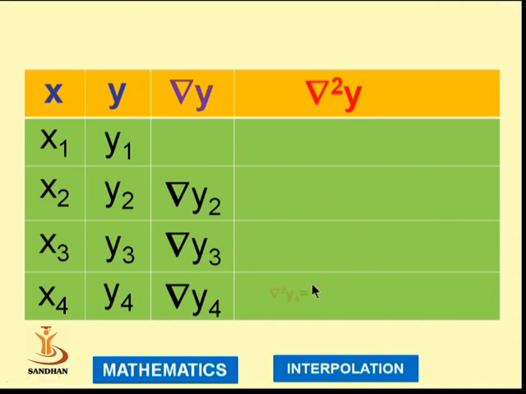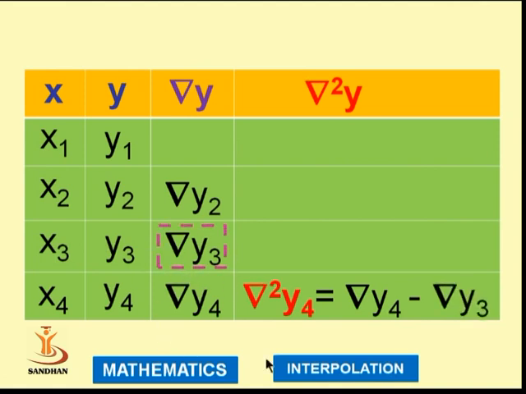So Δ²y4 is given by Δy4 minus Δy3. The subtraction of the two first order backward differences would give you the second order backward difference.